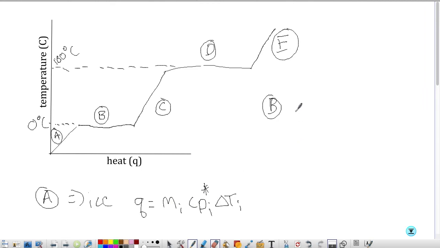The heat is given by a different equation. Q equals mHf. m is still mass, and Hf is the enthalpy of fusion.